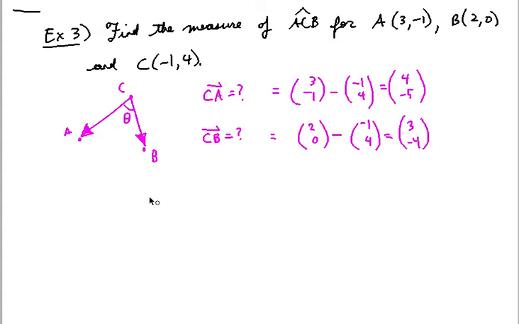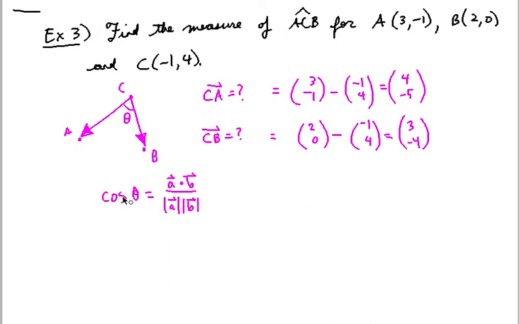Okay, and what I'll do here is I'm going to use my formula here. Cosine of theta equals my vector A dotted with vector B, all over the magnitudes of those vectors.